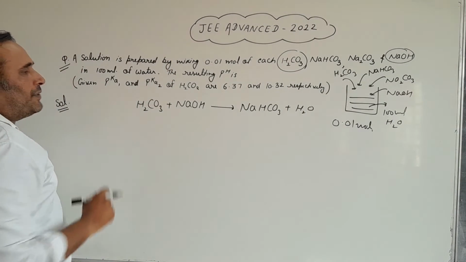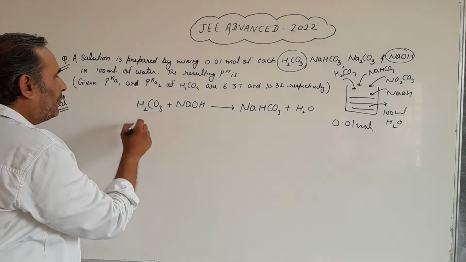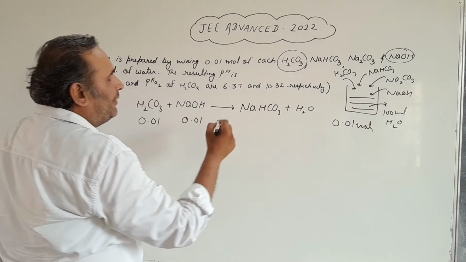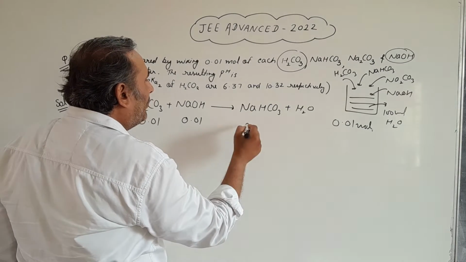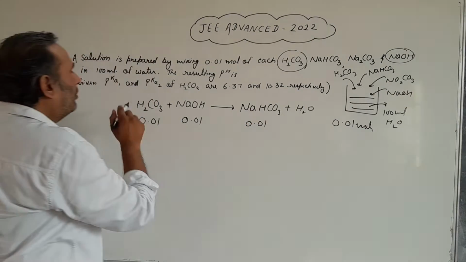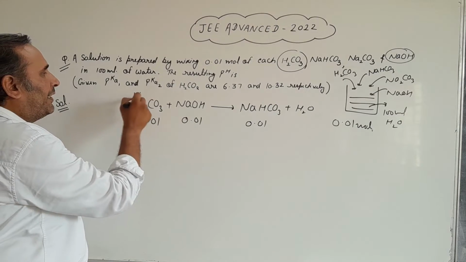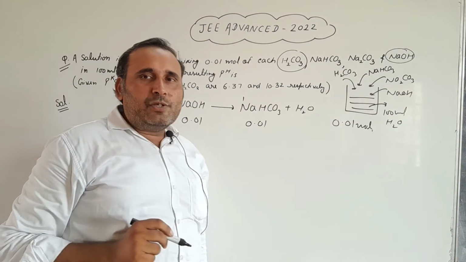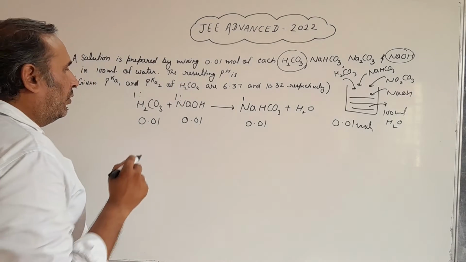Now how many mole of H2CO3 we are taking? We are taking 0.01 mole of H2CO3, 0.01 mole of NaOH. That's why NaHCO3 will also produce 0.01 mole, because stoichiometric ratio is 1:1:1. That's why we can say we will get NaHCO3 0.01 mole.